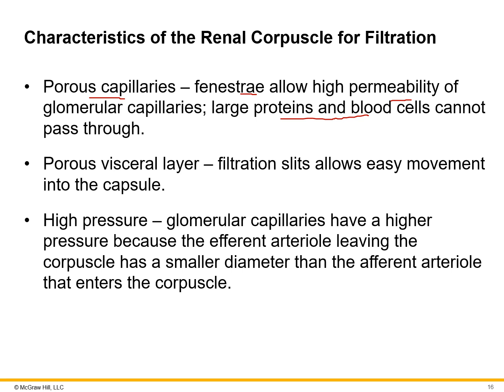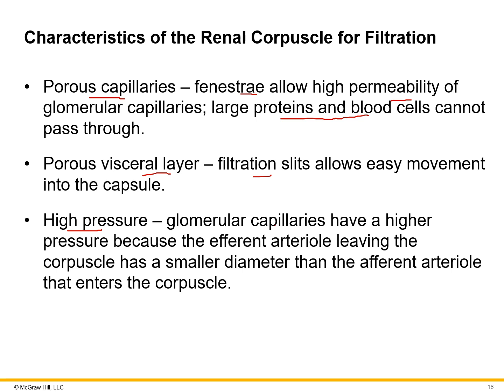And then they also have a porous visceral layer. The fenestrae are on the internal part there, and then that visceral layer that wraps around those capillaries has the filtration slits that are allowing that movement into the capsule. And there's a lot of pressure going through here, so everything's moving from a high to low pressure gradient.